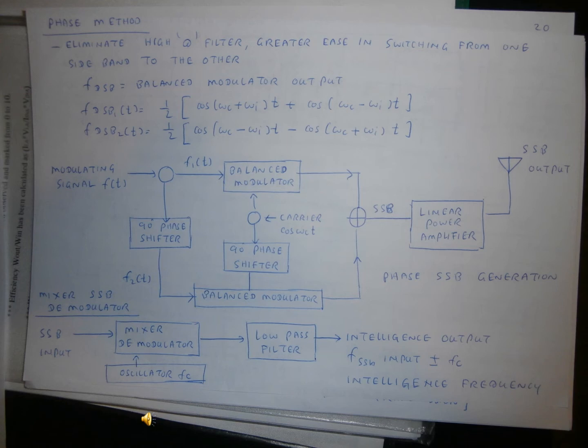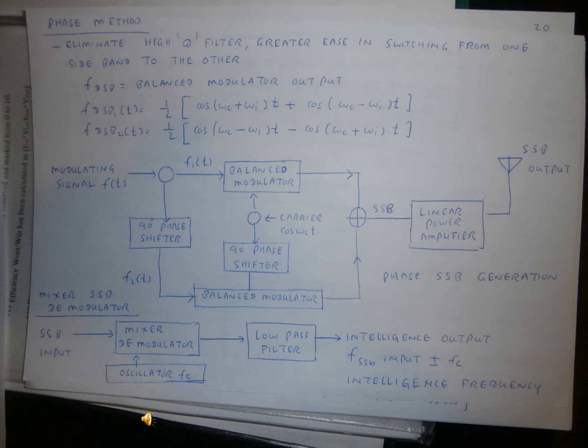The phase method must have a high quality filter. The balanced modulator output gives sideband frequency 1 and sideband frequency 2.